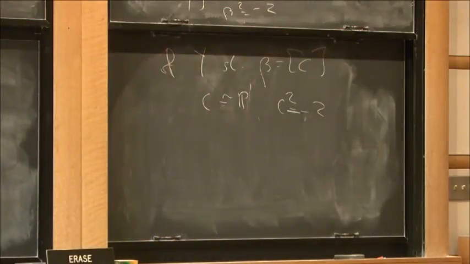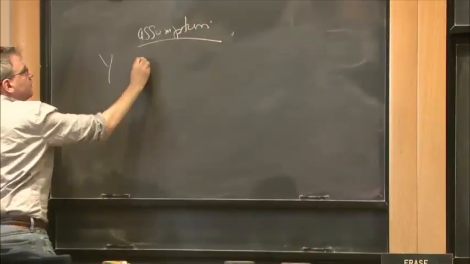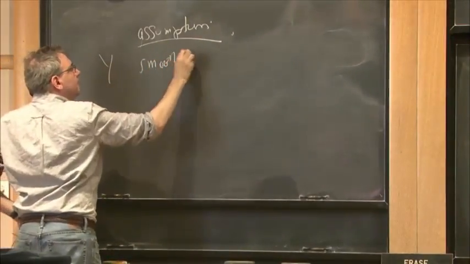Okay. So I'd like to generalize this to more rational surfaces, and in general, it's hard to say much about a general rational surface. So the natural assumption to make is Y is going to be a smooth rational surface.